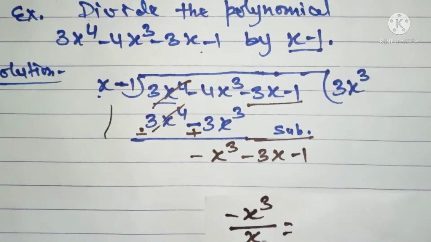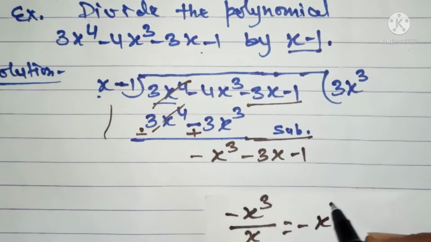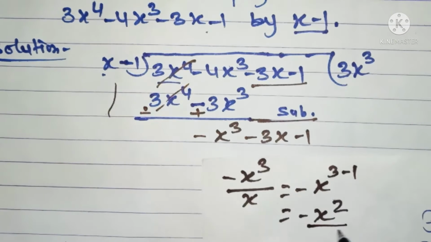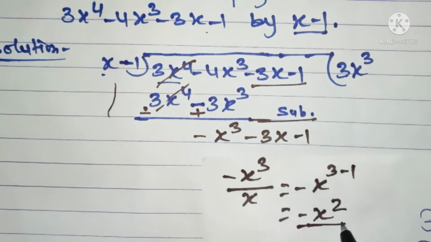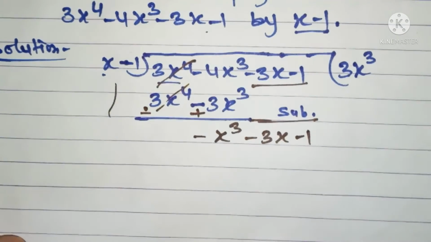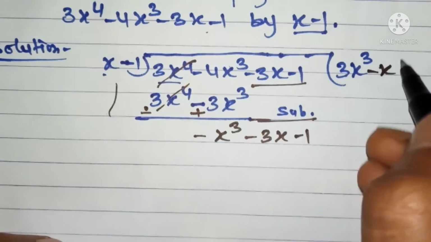The minus sign will remain the same, and it will give us x to the power 3 minus 1, which is minus x to the power 2. So here we have the new term of quotient as minus x to the power 2.